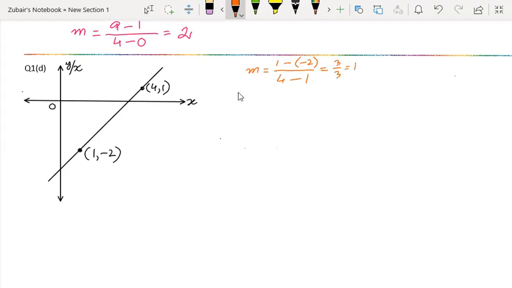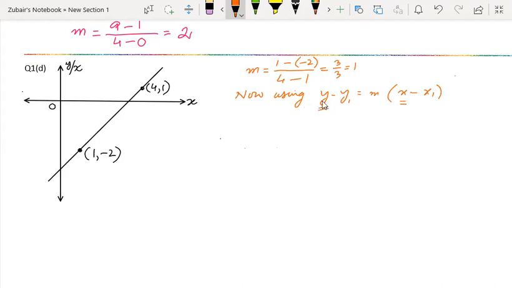So now, using y minus y1 equal to m into x minus x1. So here we have to keep in mind what is y, this y, and what is this x.